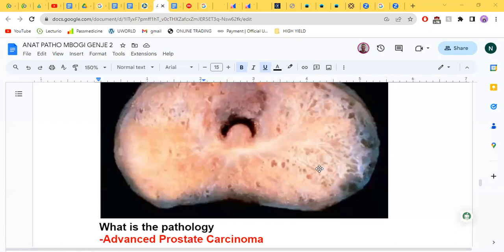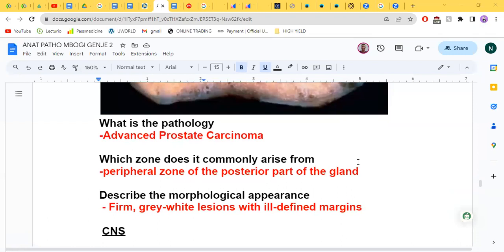Any tries? The posterior region. Awesome, guys. Awesome. Neat. So the posterior zone of the gland is where it mostly arises.